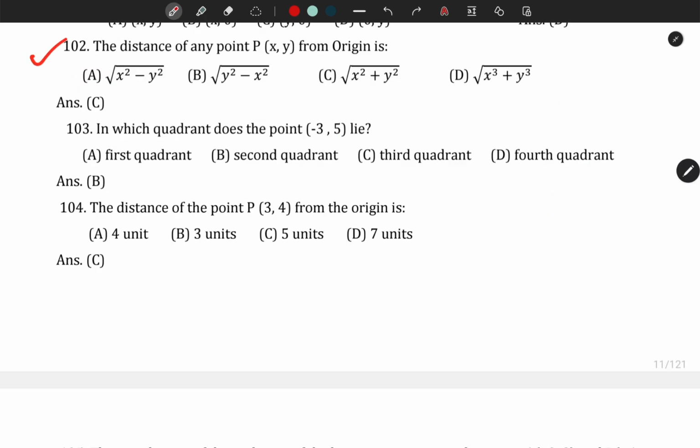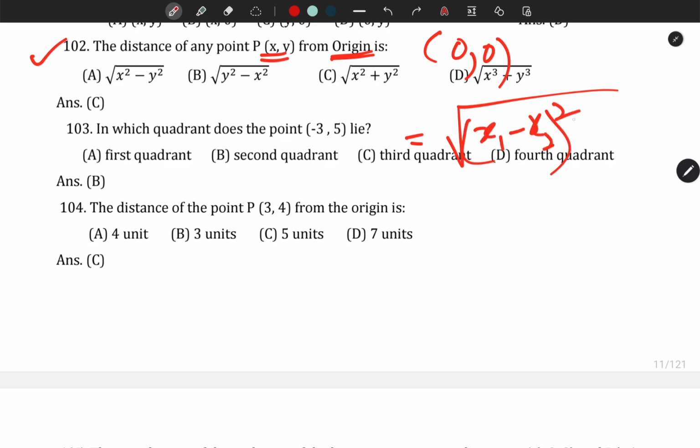Next question, the distance of any point x, y from the origin. At the origin, the coordinates are 0, 0. And we know the distance formula is equal to root over x1 minus x2 or x2 minus x1, you can write anything, whole thing square, plus y1 minus y2 or y2 minus y1 whole thing square.